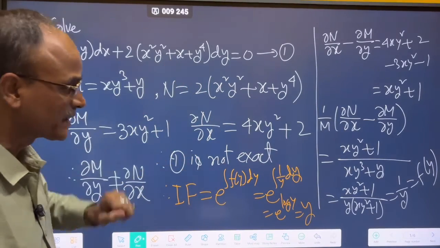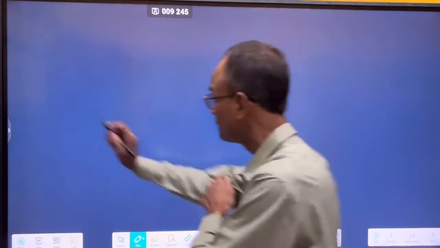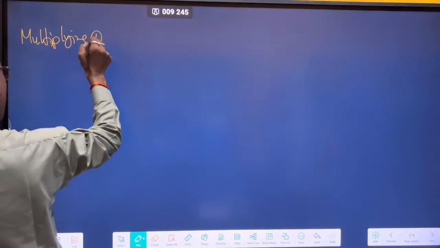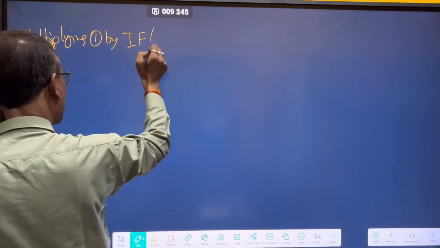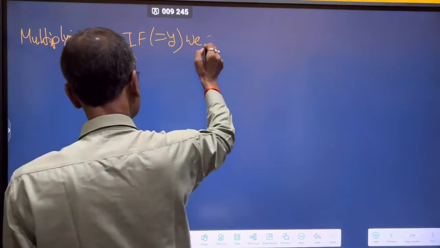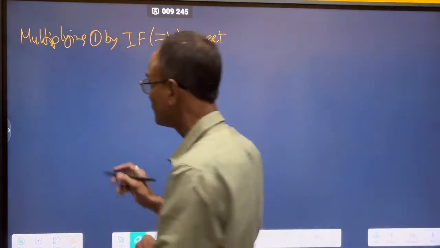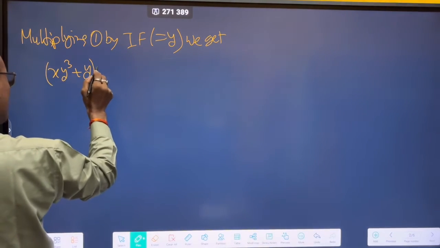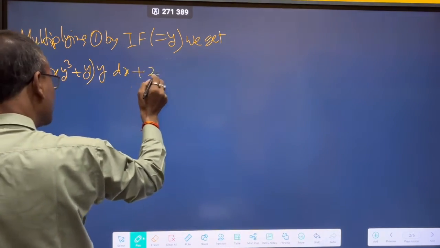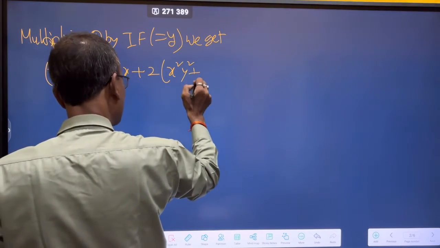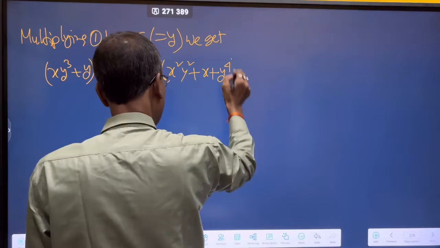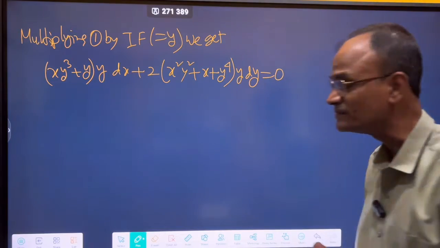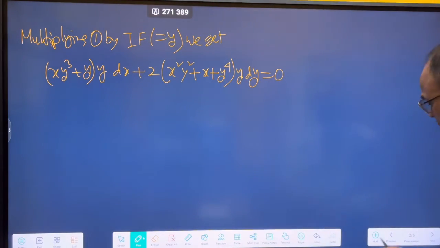Multiplying 1 by the integrating factor, which is equal to y, we get (xy cubed plus y) times y dx plus 2 times (x squared y squared plus x plus y to the power 4) times y dy equals 0.